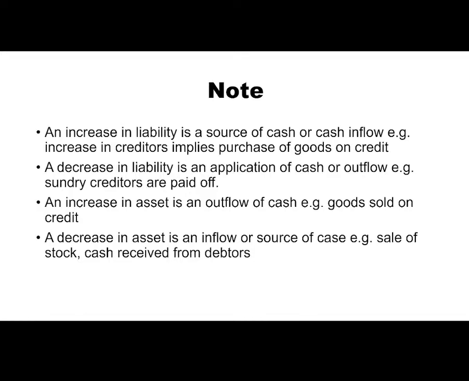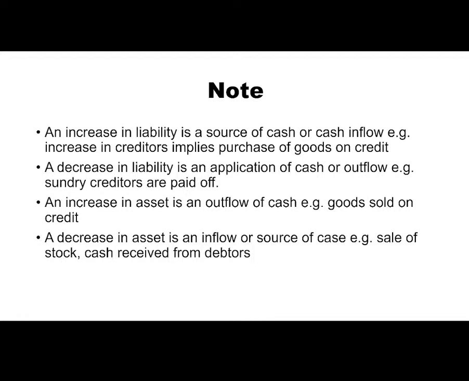Also, I would like you to note that an increase in liability is a source of cash or cash inflow, e.g. an increase in creditors implies purchases of goods on credit. So that is an increase in liability. A decrease in liability is an application of cash or outflow, e.g. the salary creditors are paid off.